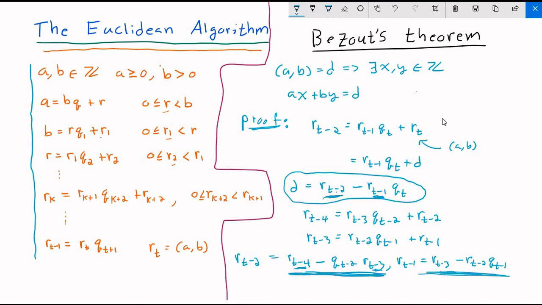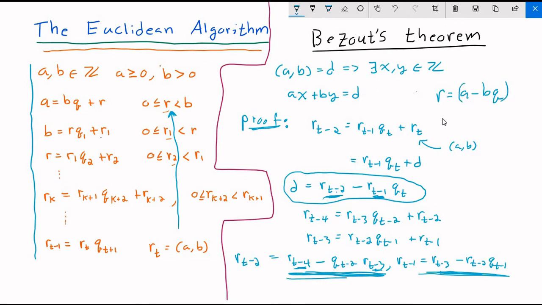Again, the indices get smaller. So if we think about what's happening, we can keep rewriting d using smaller and smaller r's going up this list until eventually we have the fact that r is equal to a subtract b times q.